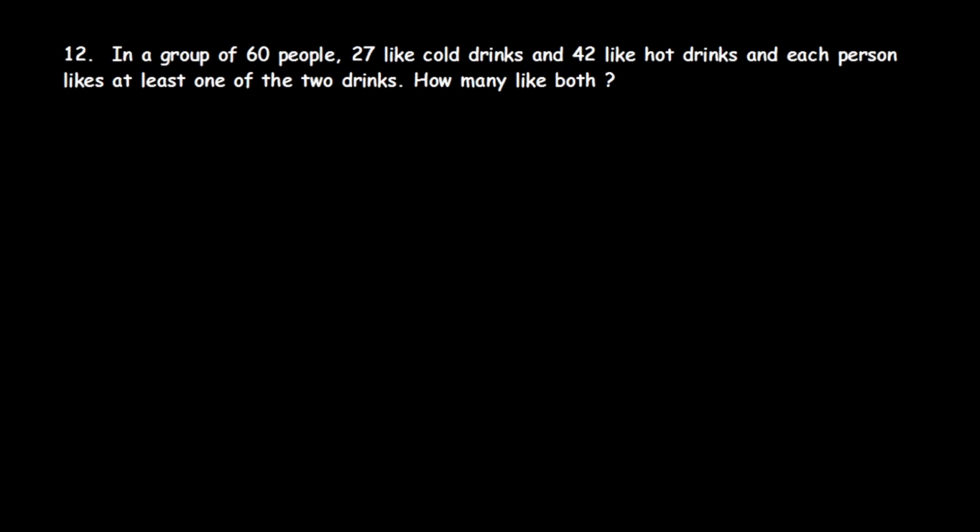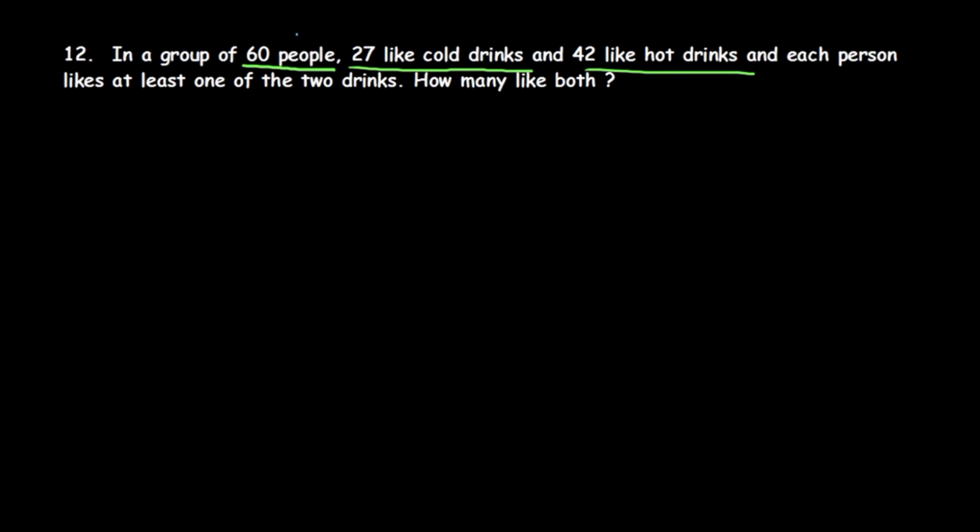And here is the same model question we have. In a group there are 60 pupils. Okay, 27 like cold drink and 42 like hot drink, and each person likes at least one of the two drinks. How many like both? So it's a very simple question, like before, what we had discussed by using the same formula.